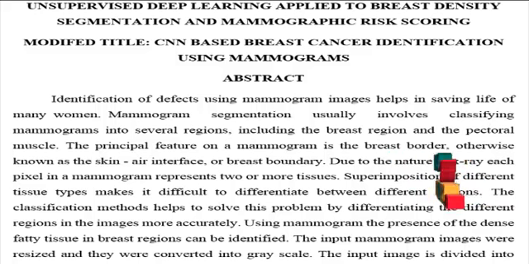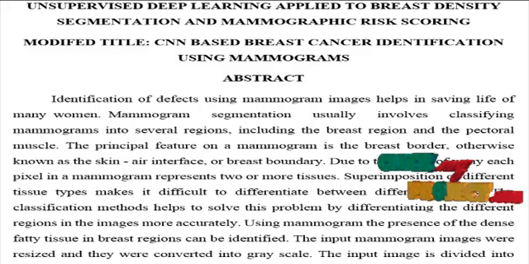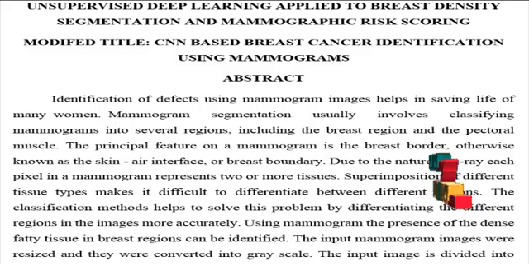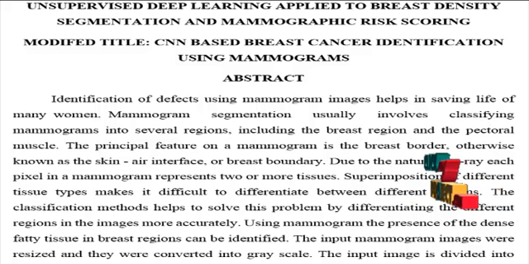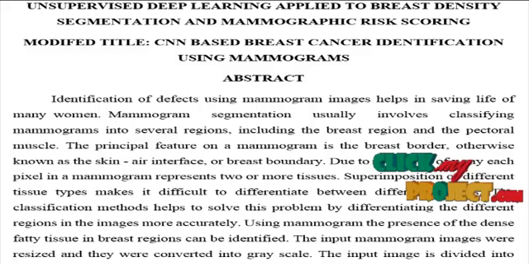Using mammograms, the presence of dense fatty tissue in breast regions can be identified. The input mammogram images were resized and converted into grayscale. The input image is divided into small patches of fixed size.